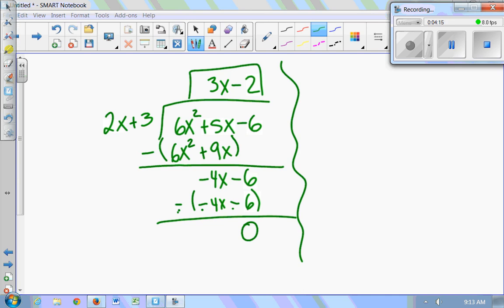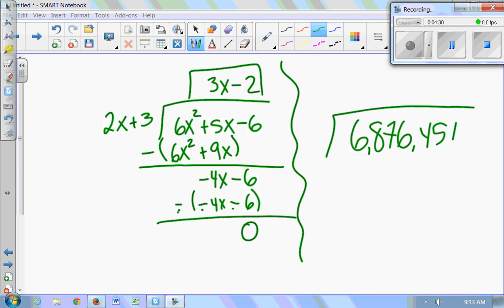Yeah, your first step is to just look at the 2x into the 6x squared. Kind of like when you do long division with numbers, like if I gave you 6,876,451 and asked you to divide by 523,000 or something, you just match up leading place values, because it's hard to determine if the rest of it will go in.